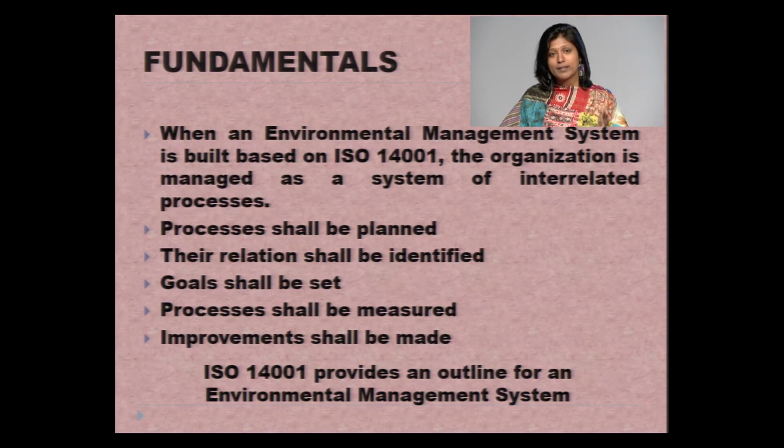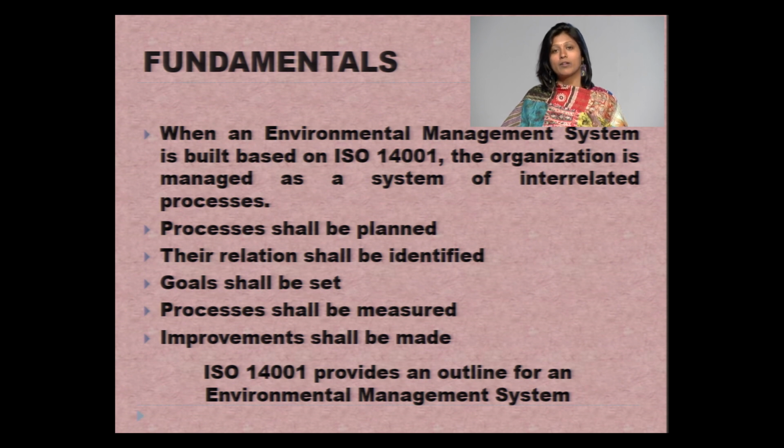So the fundamental of this system is that the organization has to be managed by interrelated processes. That is, each and every process has to be linked to each other, so that there is a holistic approach to addressing this environmental management issue. All the processes, at the first stage, have to be planned, their relations have to be identified, and some goals have to be set.